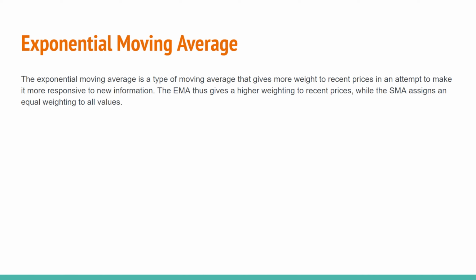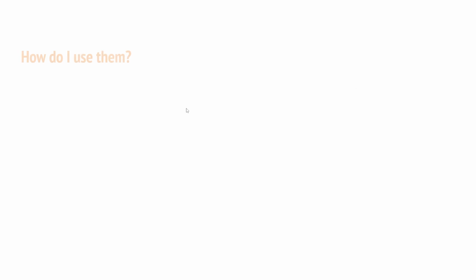So I'm more worried about day-to-day price action than the price action as a whole. I don't want all values. I want more recent prices. So this is why I prefer the EMAs over SMA or moving average.